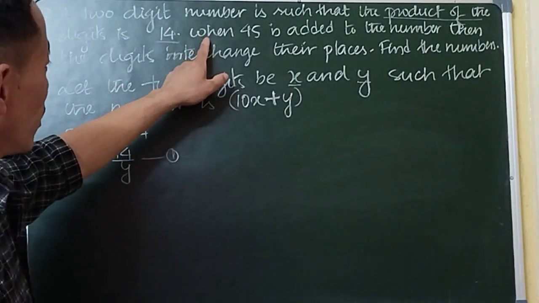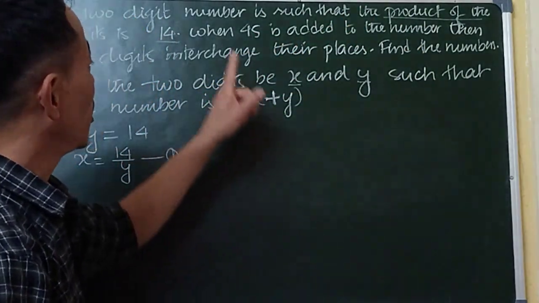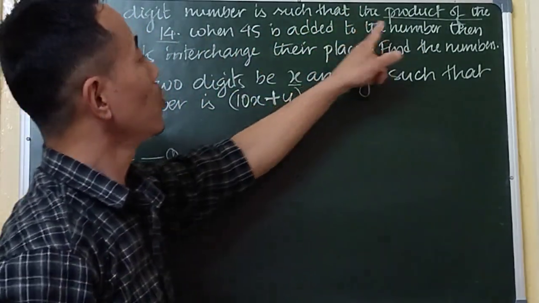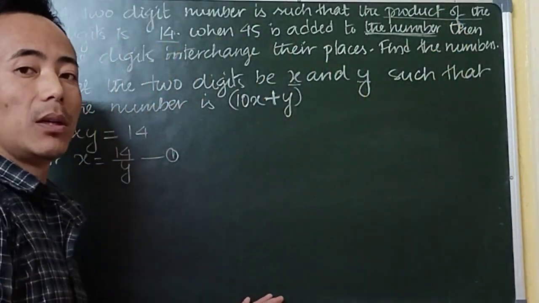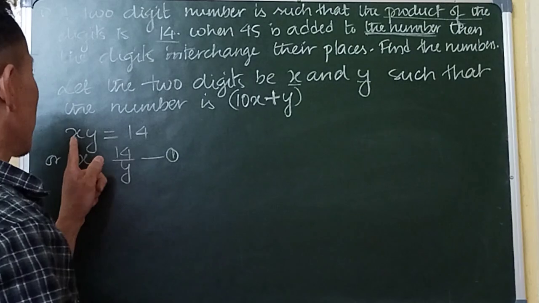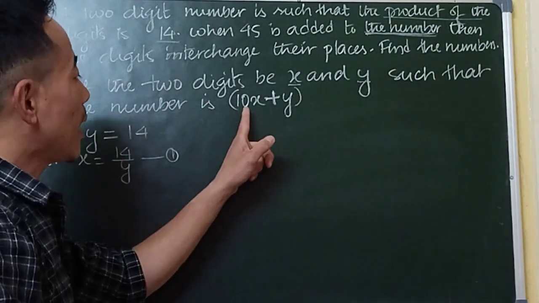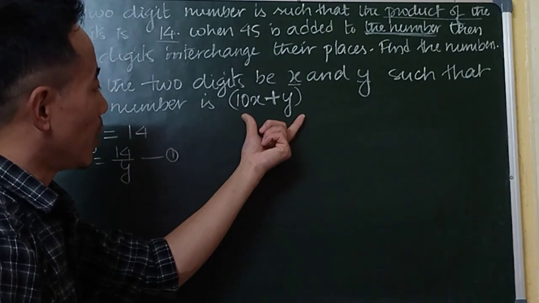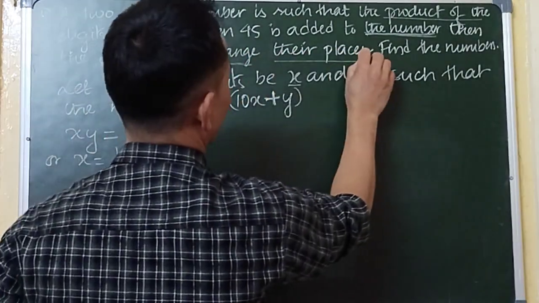Now the question says when 45 is added to the number, read the question carefully, when 45 is added to the number, so we have to add 45 to the number. So what is the number? It is not xy. x and y are the digits. The number is 10x plus y. So you have to add 45 to this number. Then what will happen? The digits will interchange their places.